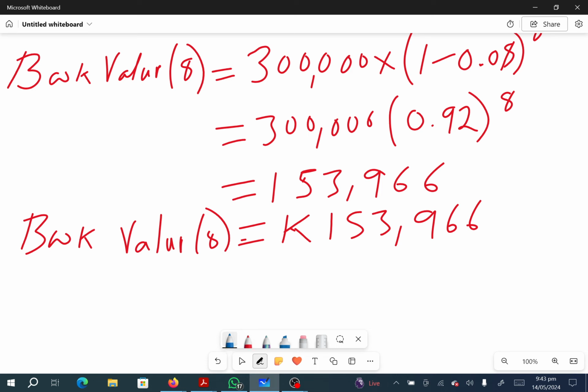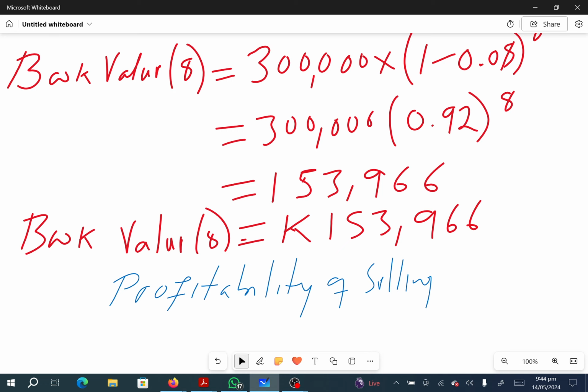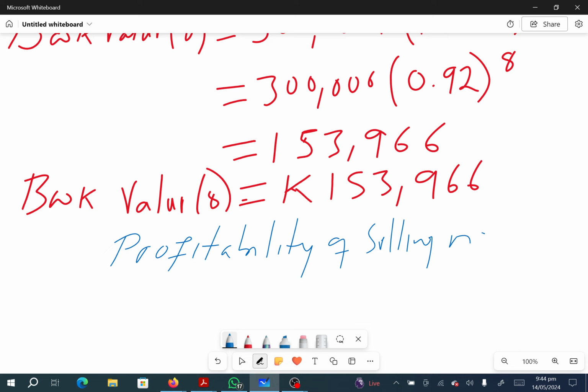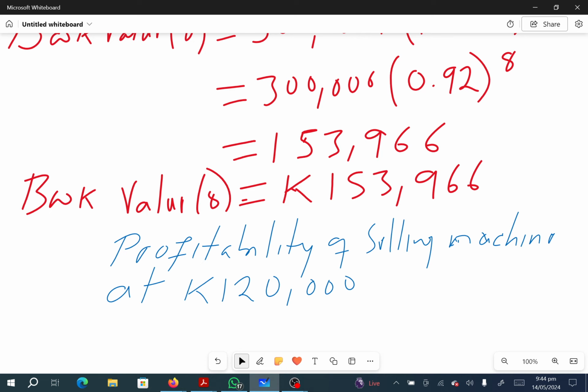So is it profitable selling the machine at 120? Now we can compare.